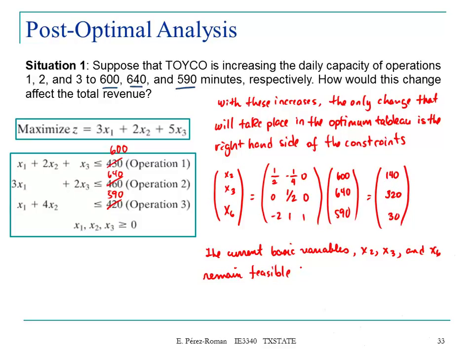Since you know that x1, x2, and x3, all your variables need to be greater or equal to 0. As long as they are positive, they remain feasible.